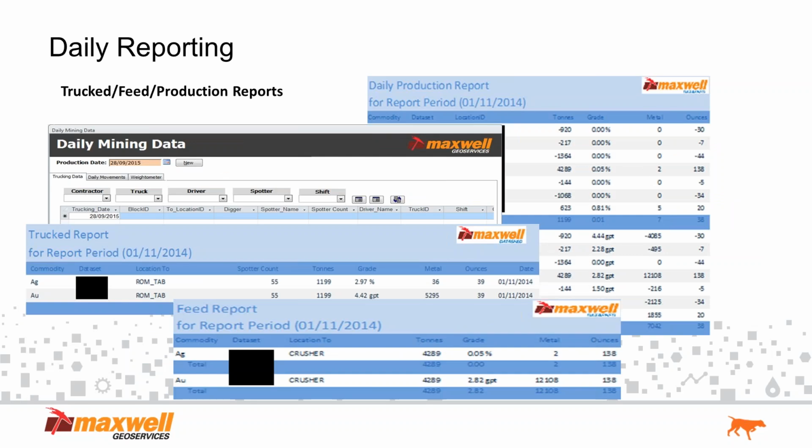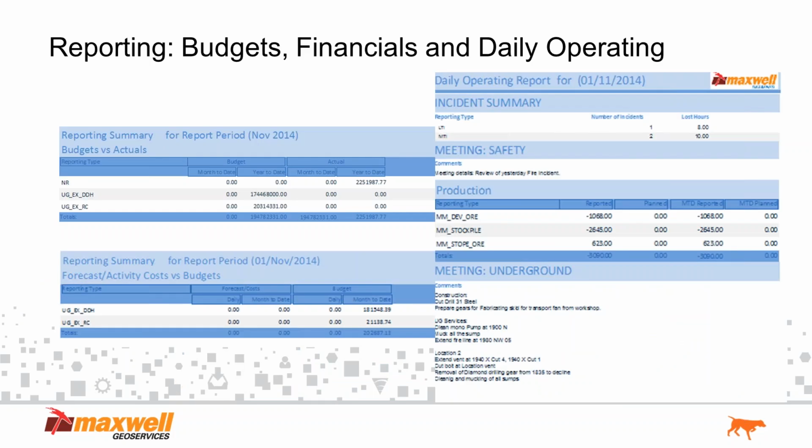Data entry and reporting capabilities are also included but not limited to trucking and material movements, feed reports and production reports. Additional reporting tools include the comparison of budgets, activities, your forecasts from your plans, through to actuals, and can be broken down into capital and operating expenditures where required.